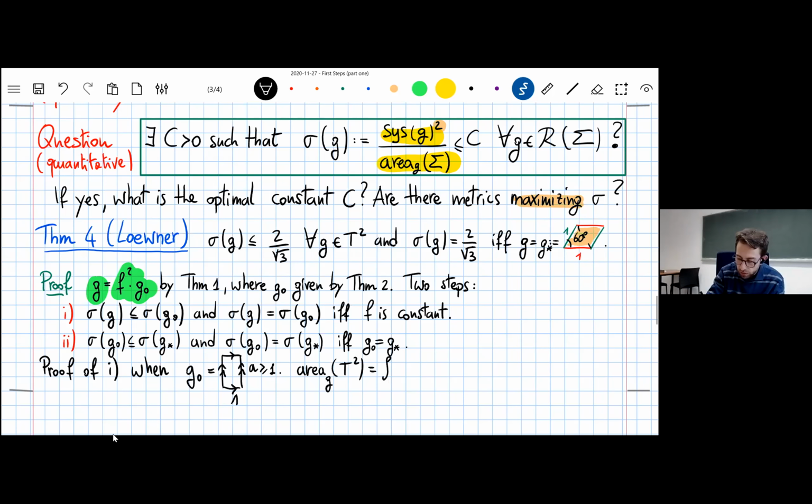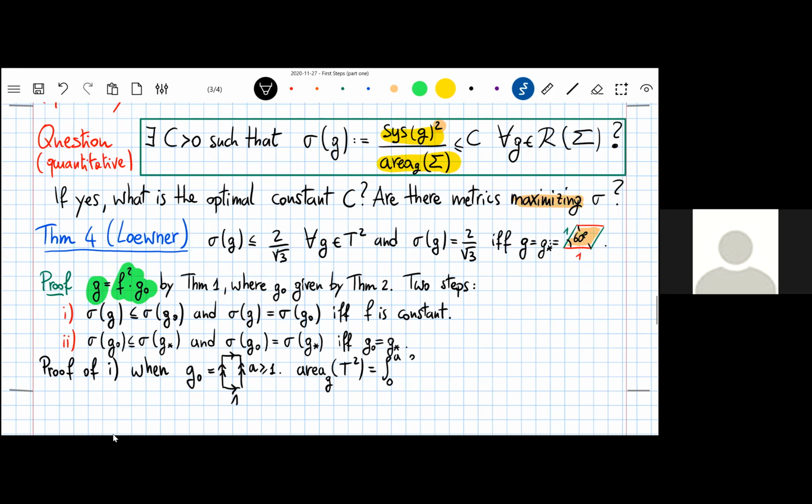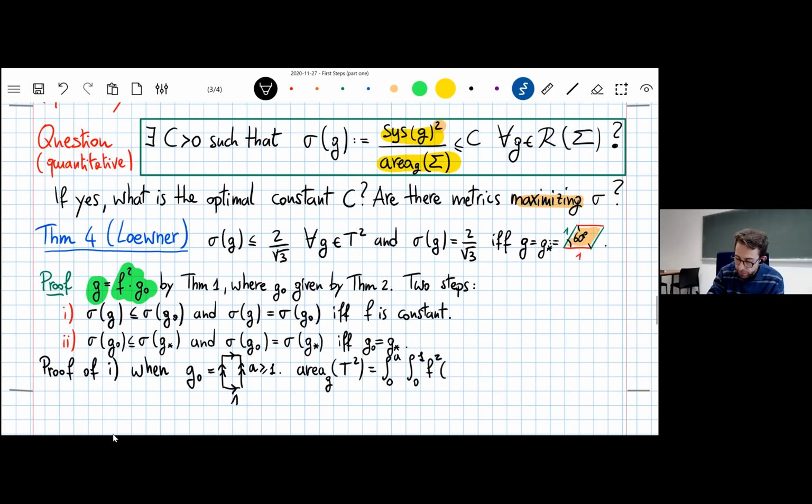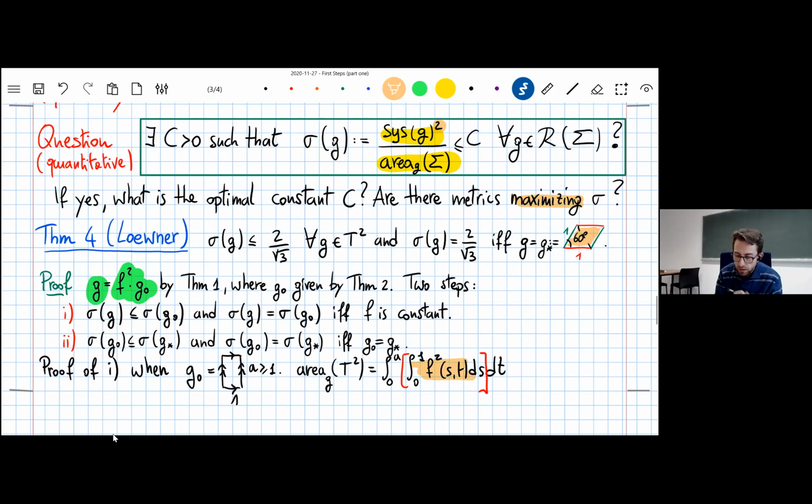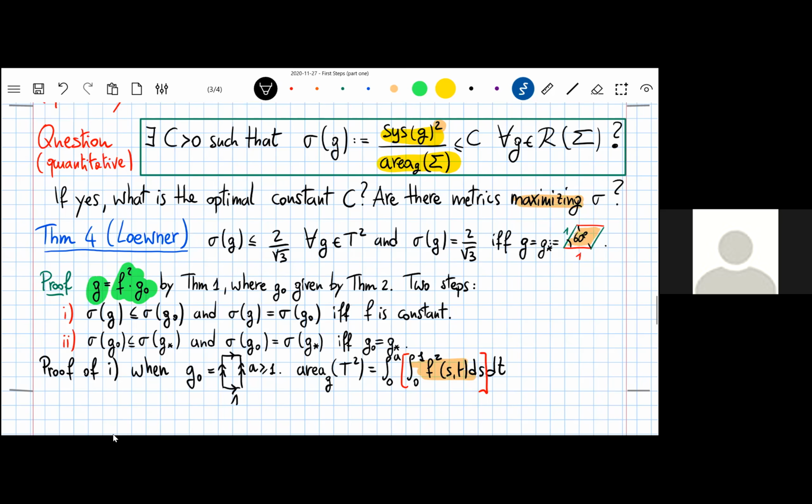Now the metric g0 is just the Euclidean metric on this parallelogram. So basically you are just doing the integral from 0 to a, integral from 0 to 1 of f squared(s,t) ds dt. Okay, so this is just the area of T2. And now you can think that using Fubini, you're integrating this function here in the red brackets. For this function, you can bring the square outside the integral.